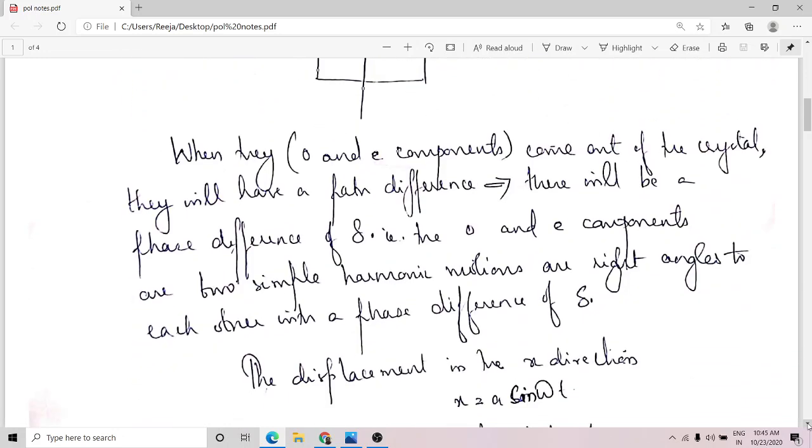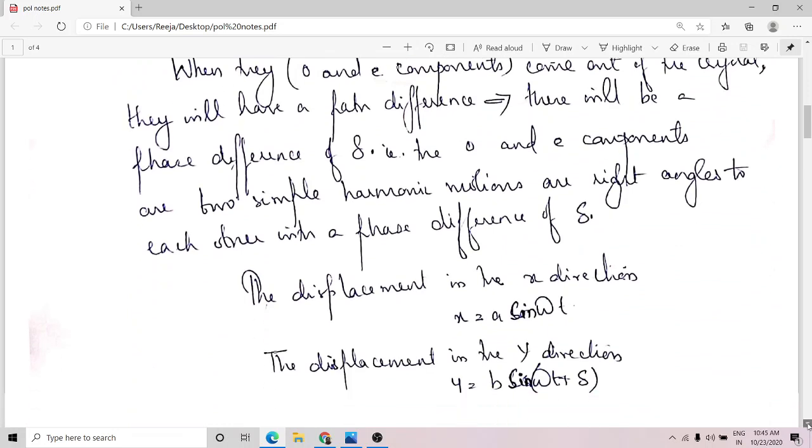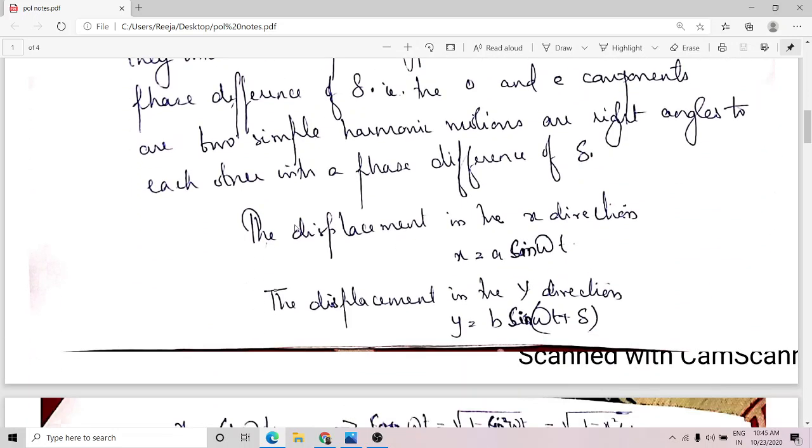On this basis, we can write down the displacement produced in a medium due to a wave. You have already learned this equation in your lower classes. We are going to write it for the E and O components. For the E component, it is given as x equal to A sin omega t, because it is vibrating along the x direction.